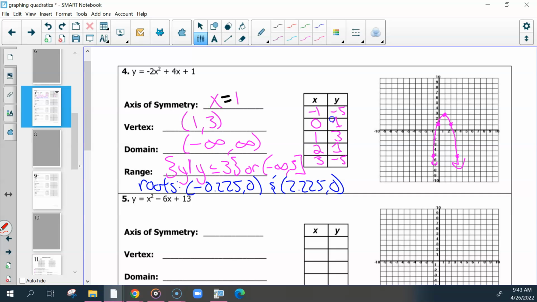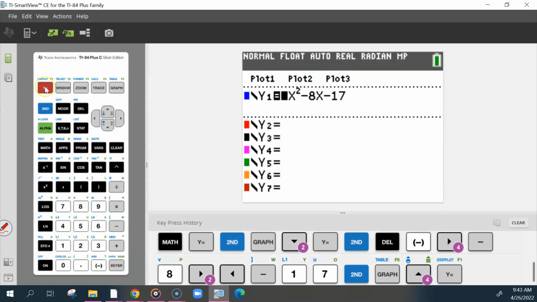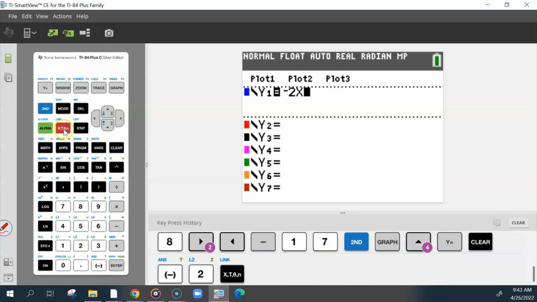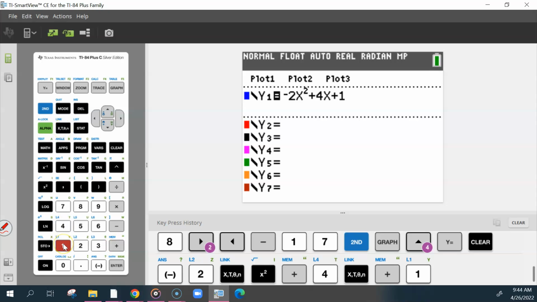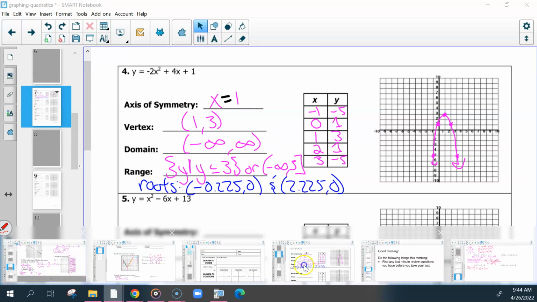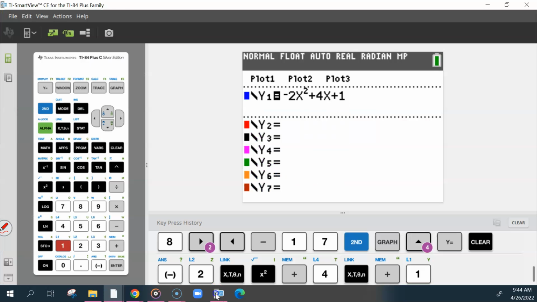1. In your calculator, write or type this in y equals. And instead of going to your table, graph it.